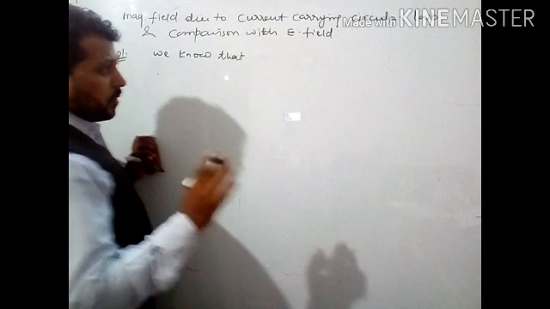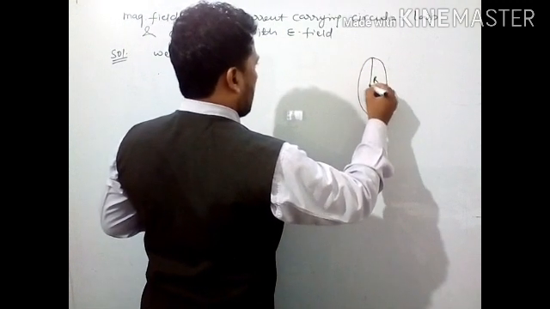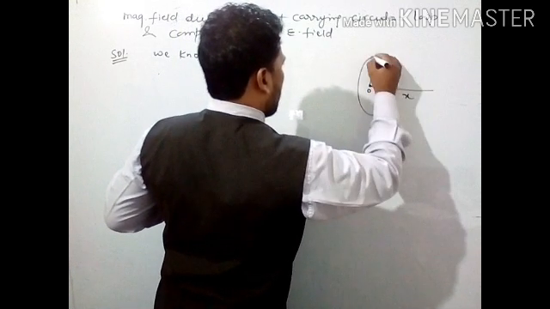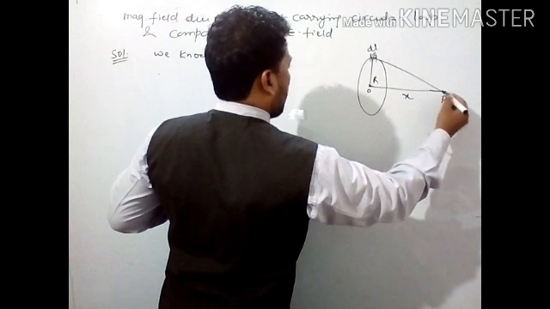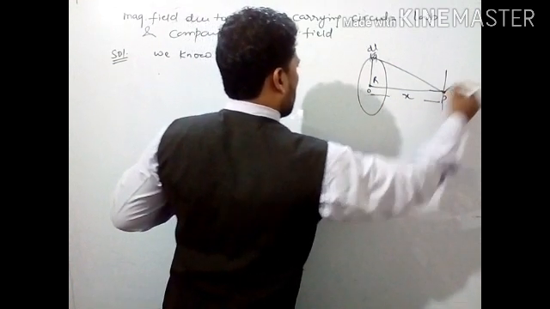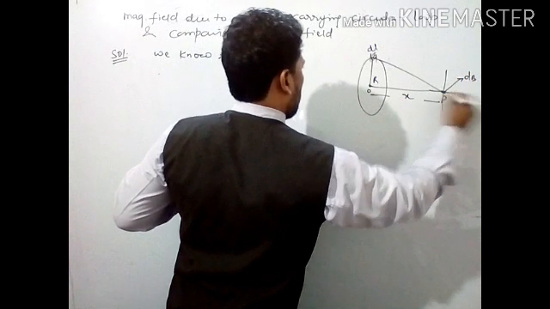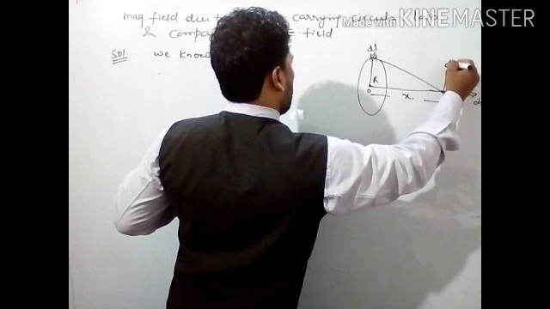For a circular loop whose radius is r, consider the magnetic field due to a small part of its length at some point at a distance x. This is dB, and this is dBx and this is dBy.